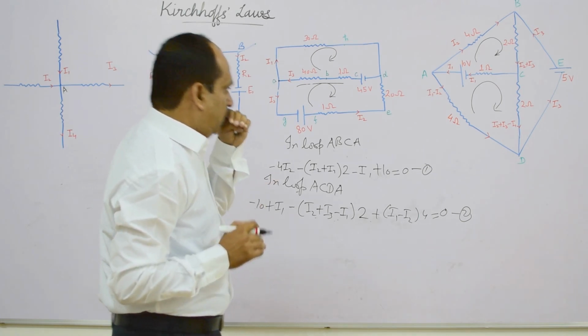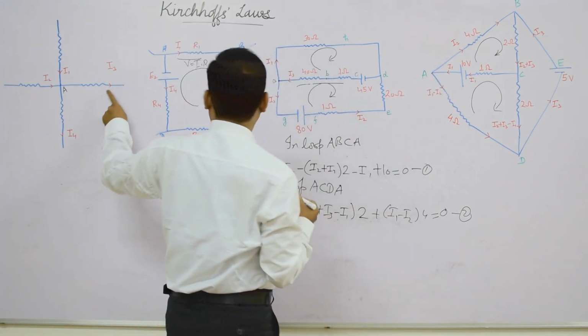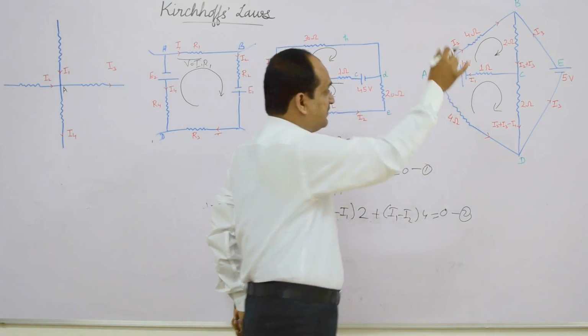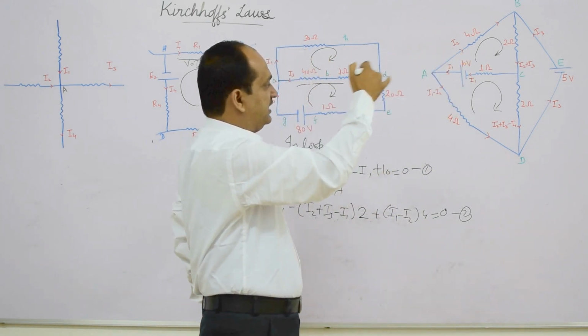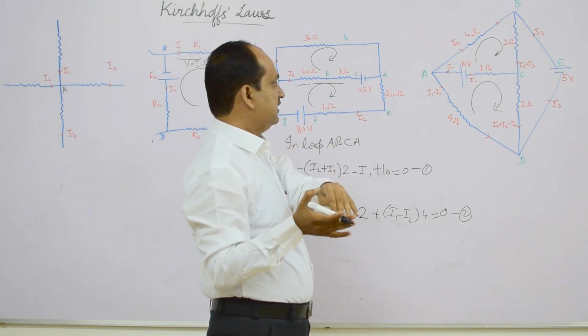Next, at junction A, we are applying this junction rule. At junction A, the current I1 is approaching and I2 and I1 minus I2 both are leaving the junction.